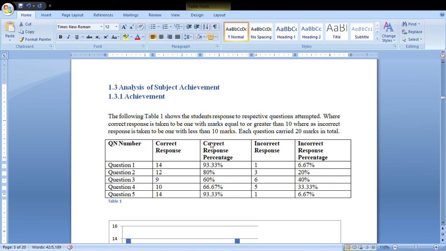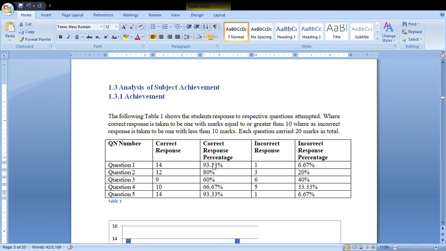And we can see from this graph we have question 1, and then we have the column in blue. It says correct response question 1, and if you remember, we had 14 right here. We have 14, and this says 14 right here. And the incorrect response, there was only one, so this one is 1.